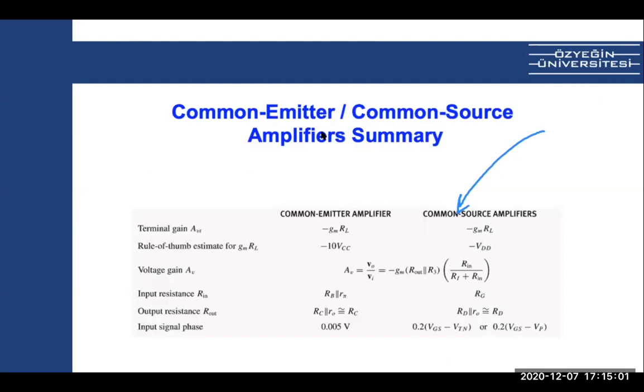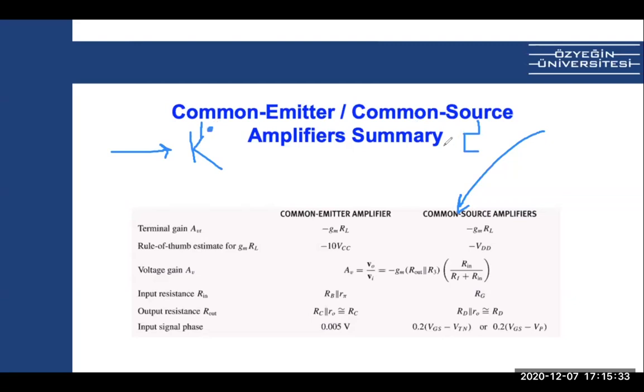Also, here it compares a BJT with an NMOS transistor. So how it makes the comparison is, we have a common emitter and we have a common source. Common emitter is a BJT amplifier, and the common source is a MOSFET amplifier. But the logic is the same. You apply a signal at the input, and you get the signal at the collector for the BJT.